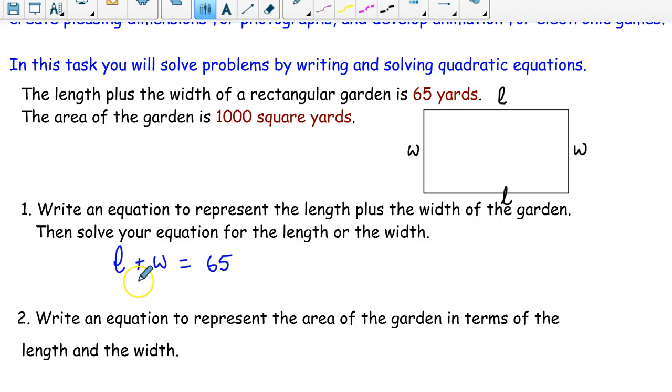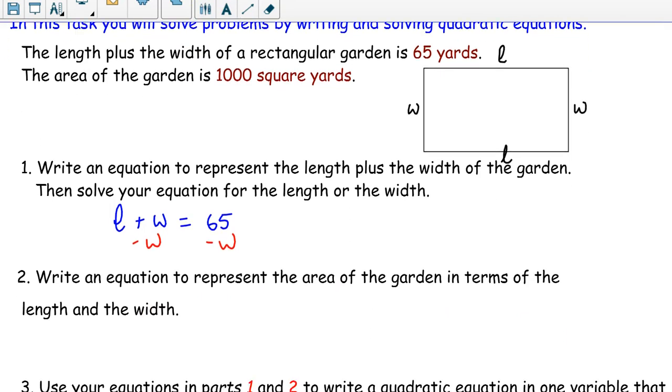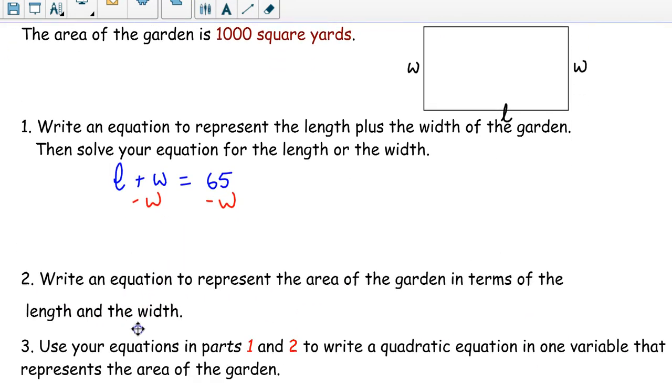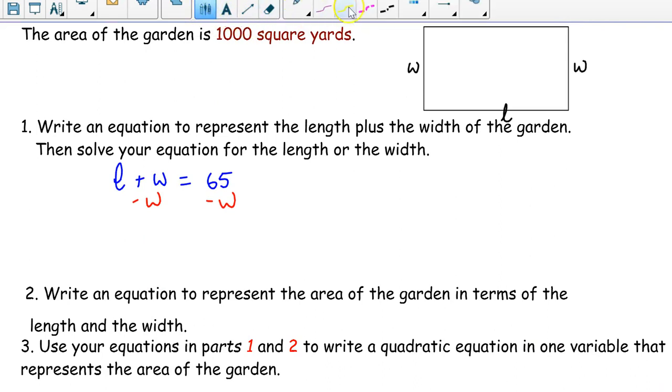Suppose I subtract W on both sides. Cancelling W on the left hand side, you will get length is equal to 65 minus W.